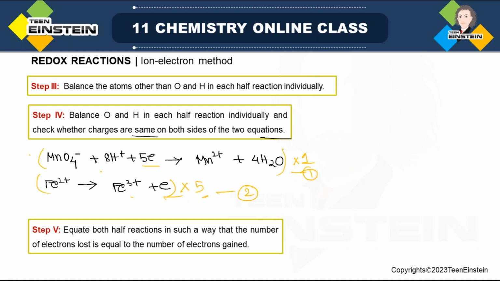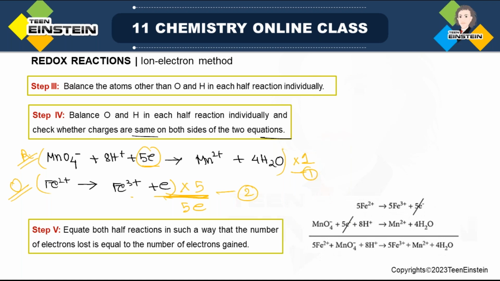Here the same thing we are doing. Here the number of electrons lost is 5, and that is the number of electrons gained in the reduction. This is reduction, this is oxidation. Now when you add these two equations, electrons cancel, 5Fe2+, 5Fe3+. So this is the final balanced equation.